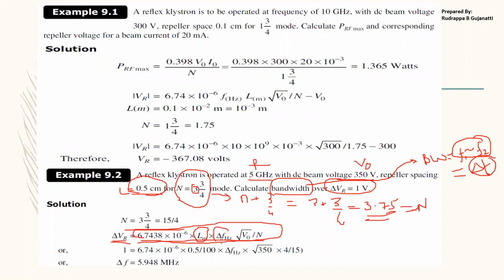I want to know delta F, so when you take it to the other side and equate, you will get this value. This is the bandwidth of the reflex klystron, which gives you around 5.9948 megahertz.